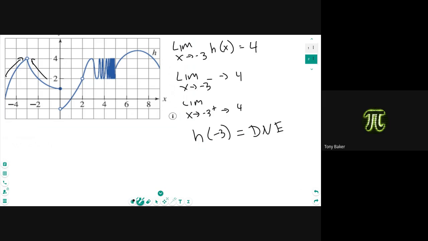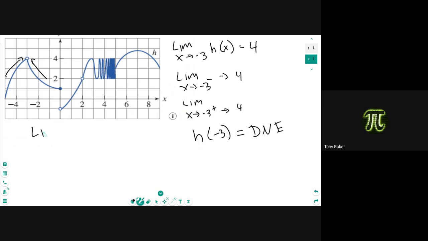Okay, so when the limit exists, we can remove that discontinuity by plugging a value into there. In this case, it's a piecewise function. We literally can say h of -3 equals 4 when x is -3. It would solve the problem there. It would actually remove that discontinuity.